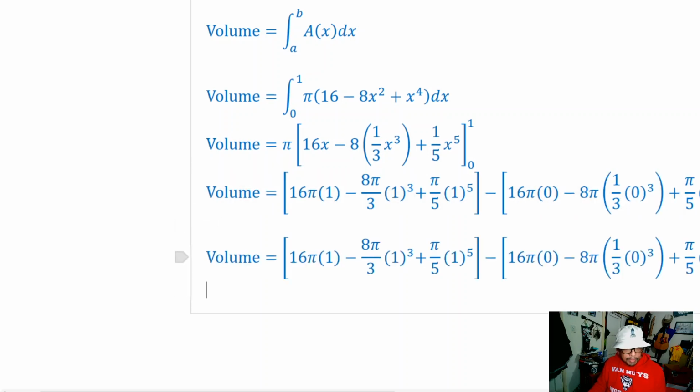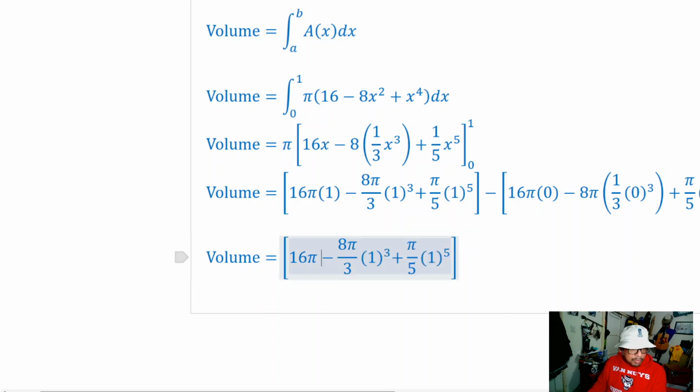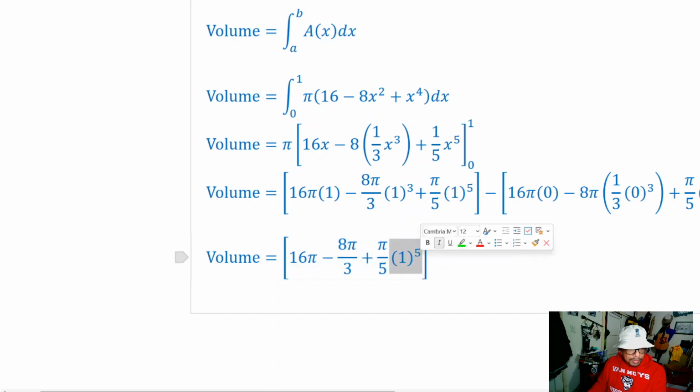And let's simplify now. Okay, over here, all of this is 0, so I'm just going to get rid of it. We're multiplying all of these by 1. So 16 pi times 1 is 16 pi. 8 pi over 3 times 1 is 8 pi over 3. Pi over 5 times 1 is just pi over 5.